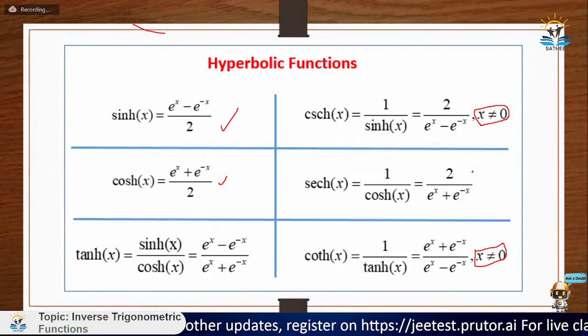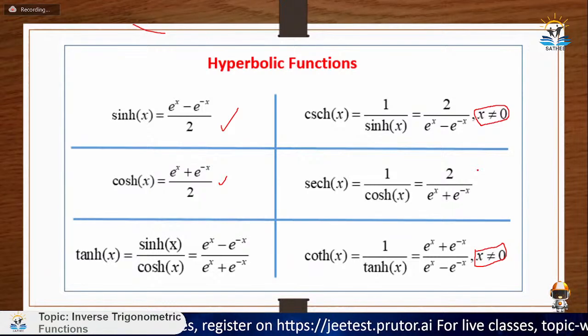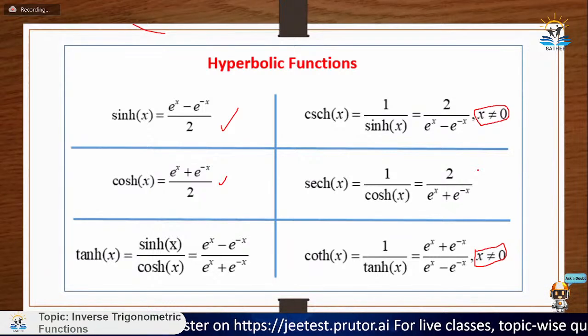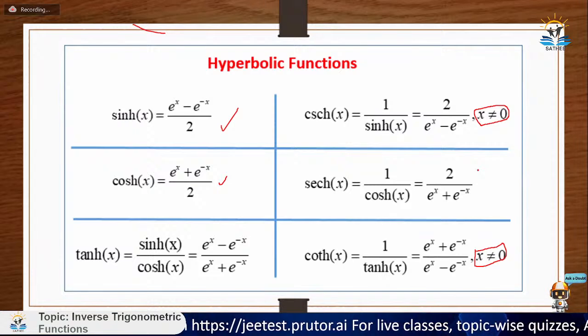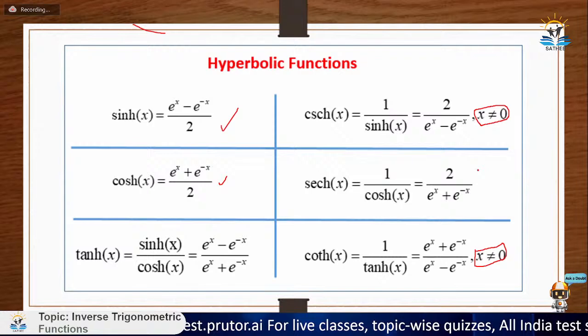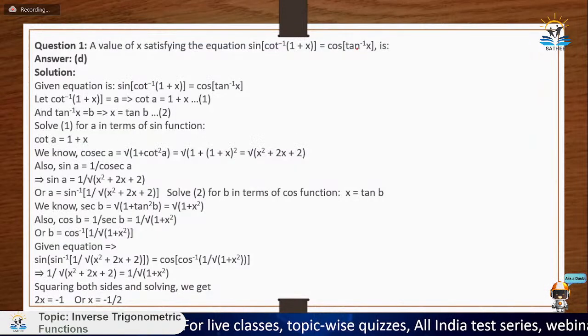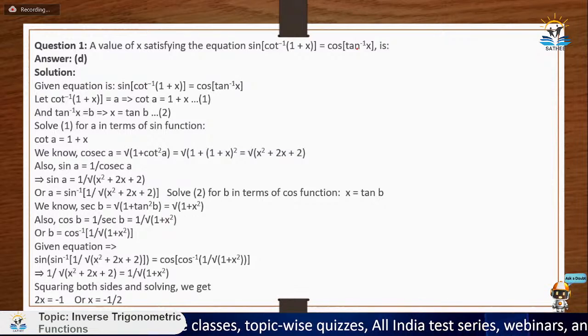And similarly for cos of tan inverse x, you should do it in the same way. Firstly, change tan to sec, and from sec change it to cos. Let tan inverse x equal to b.